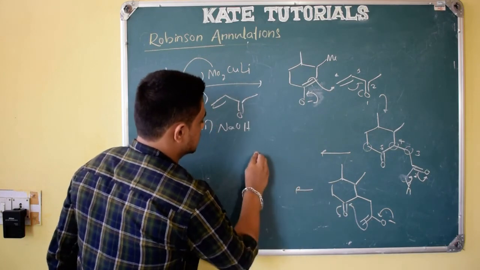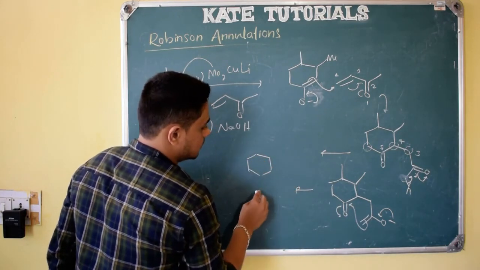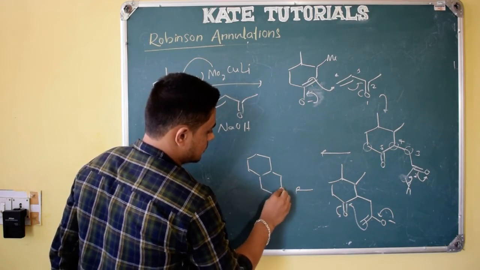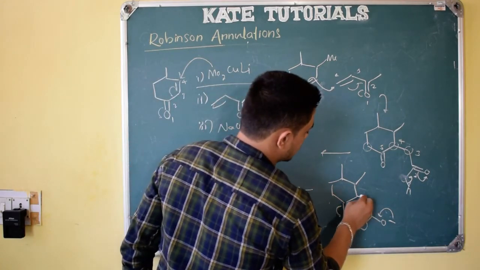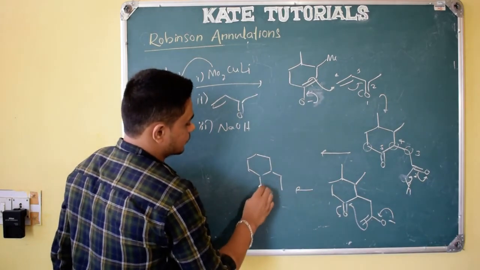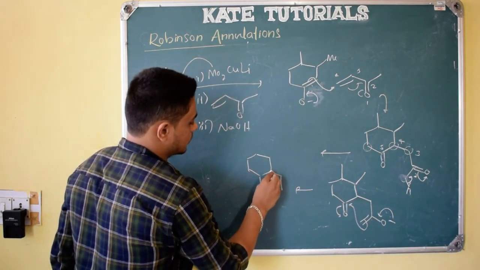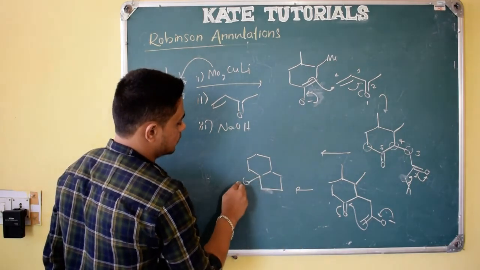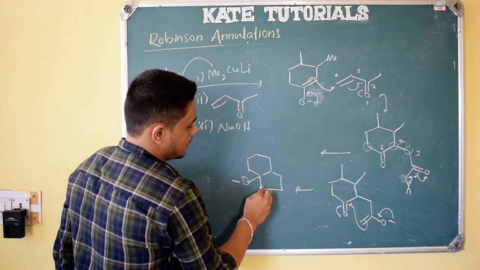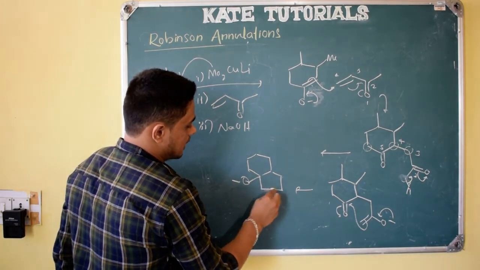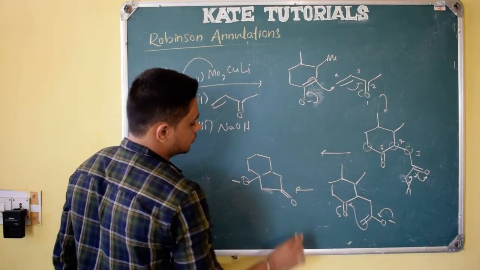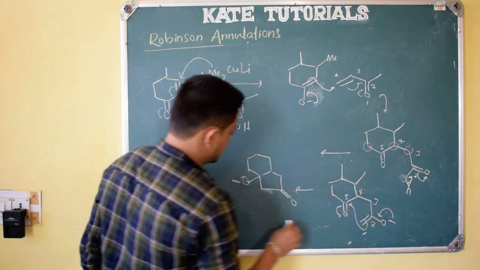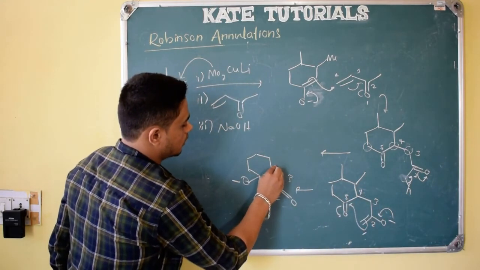So what happens, a 5-membered ring, right? 1 2 3 4 5. Okay, 1 2 3 4 5, right? And here O minus will come, right? And here double bond O, everything same, 1 2 3 4 5, 1 2 3 4 5.